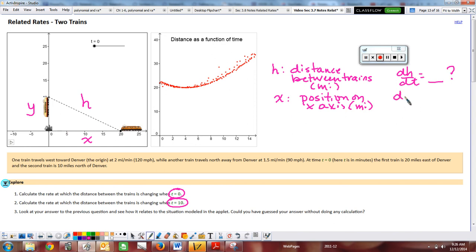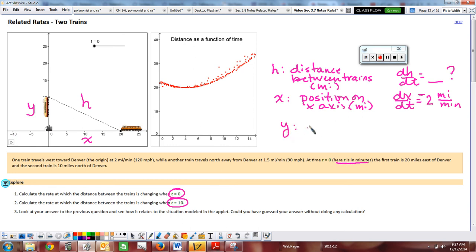So when I do my dx dt, based on the location of where the train is going, I'm going to go with miles per minute because it said t is in minutes. So it's going to be 2 miles per minute, but I need to make sure that I put this as -2 because this position is decreasing.